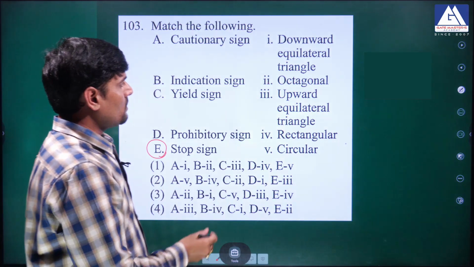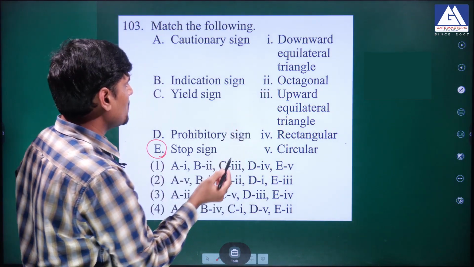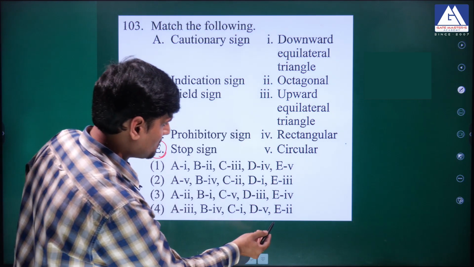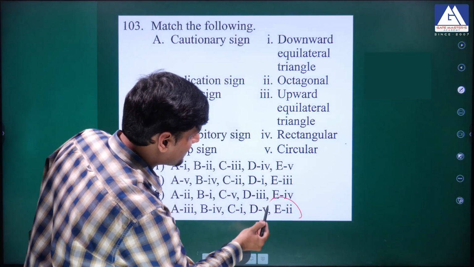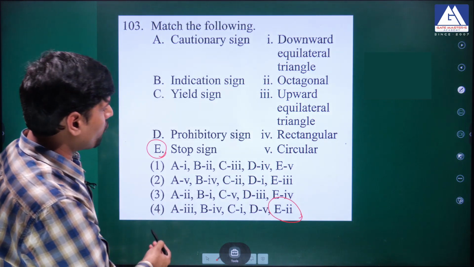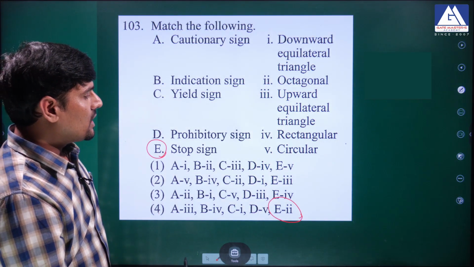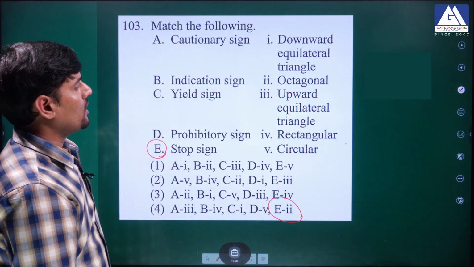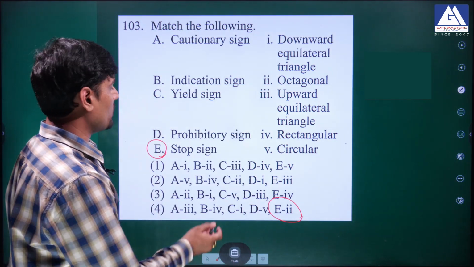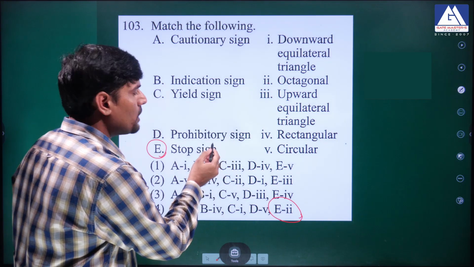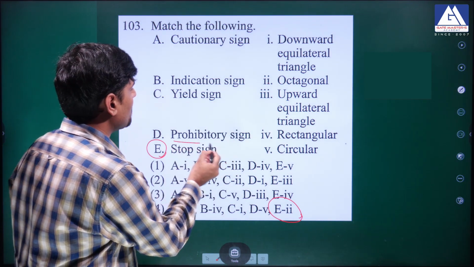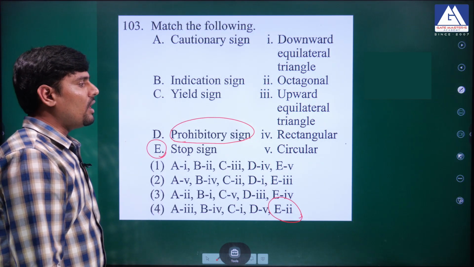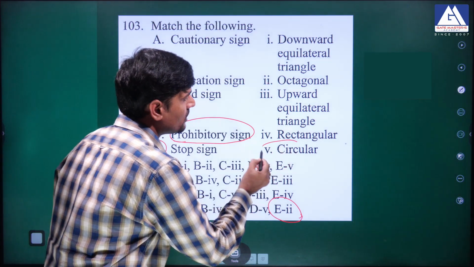So whether this Roman number 2 belongs to E or not, let us have a look at the options. Here we can clearly see that only option 4 has E belongs to 2. And the other one, let us have a look at that. We know that all the prohibitory signboards are always circular in shape.